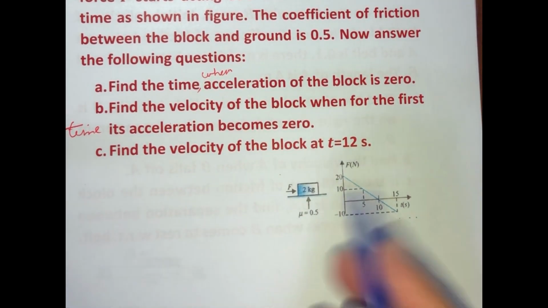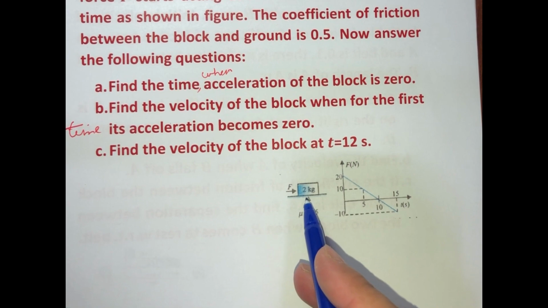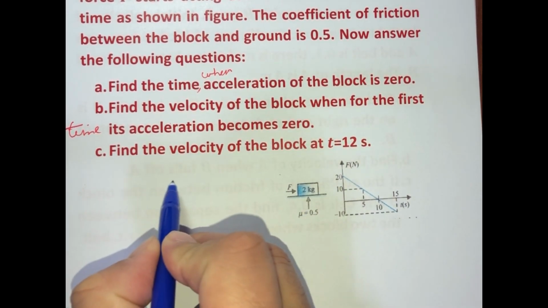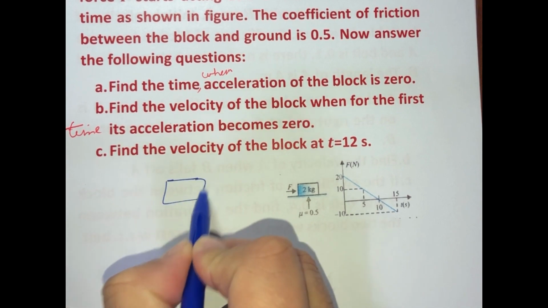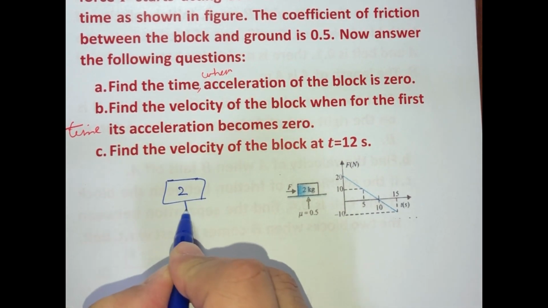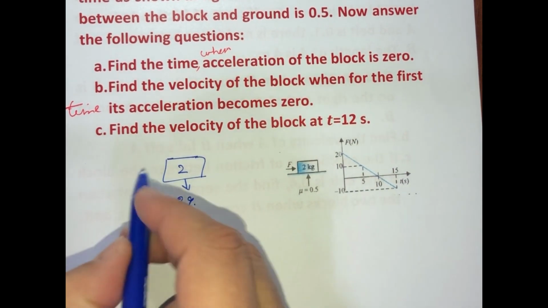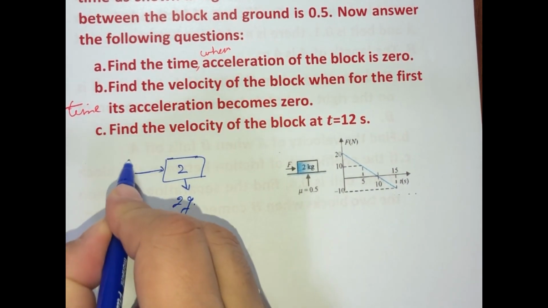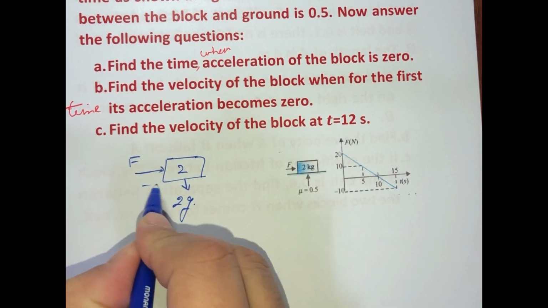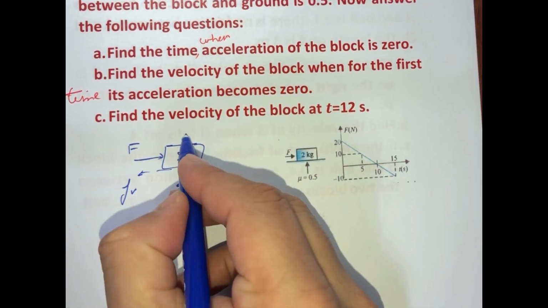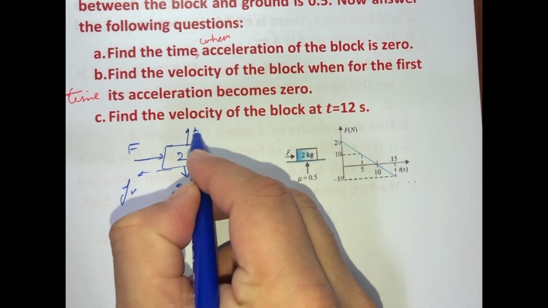So let's first draw the free body diagram for the block of 2 kg and find out the frictional force. This is our 2 kg block. In the downward direction it will be 2g, and the force F is being applied in this direction. We have Fr opposite to it, and there will be a normal, let us call that N2.